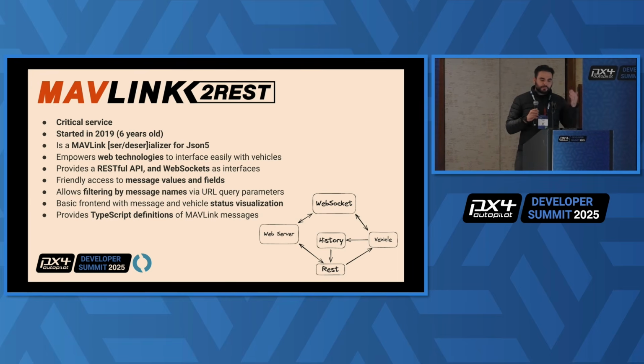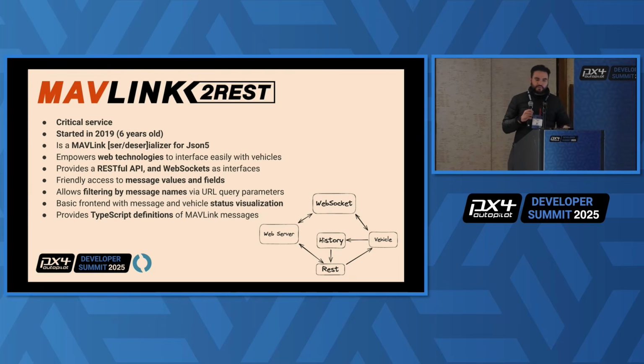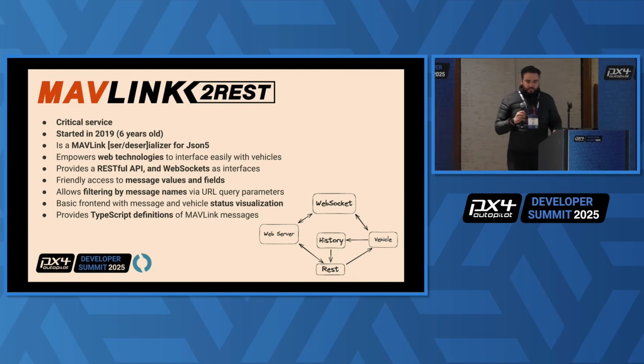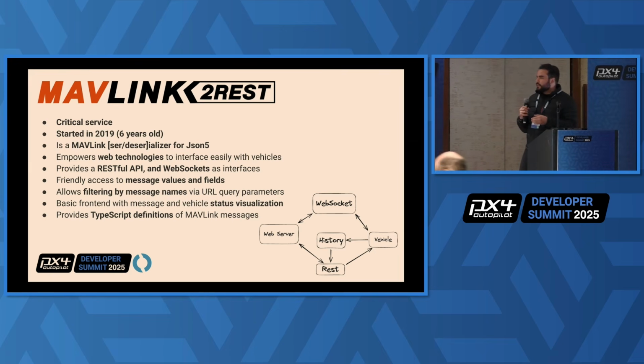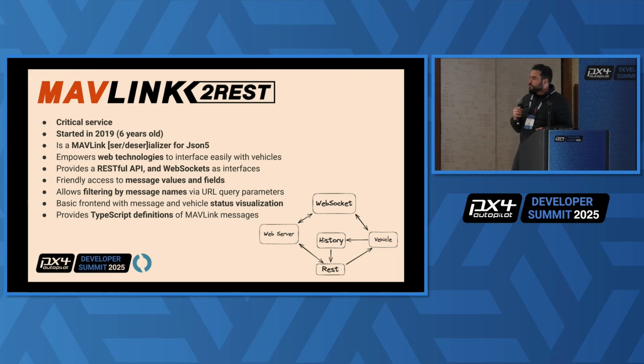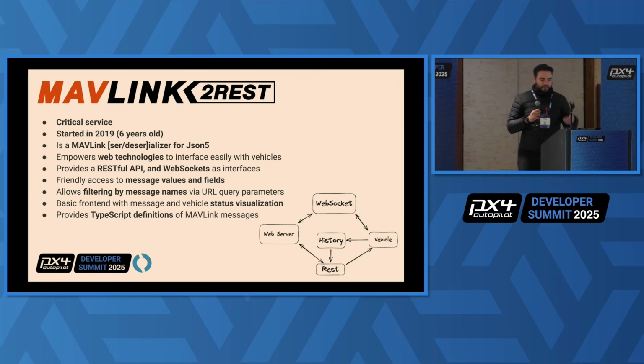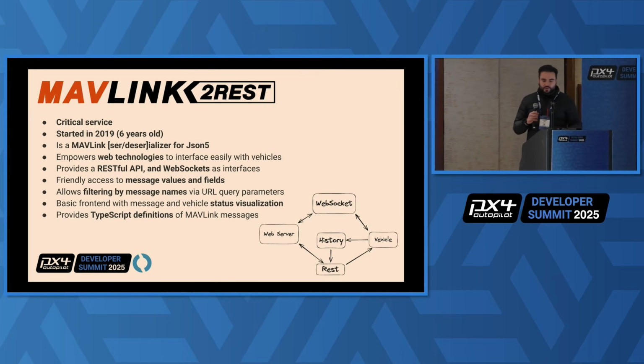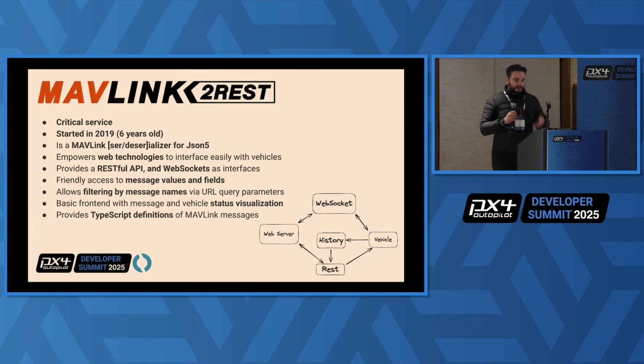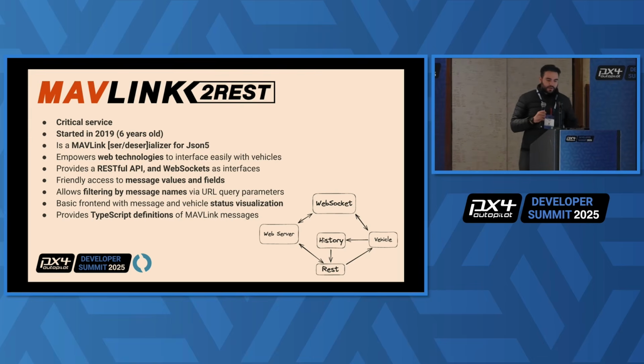It empowers web technologies to do their development over MAVLink, and provides REST API and WebSockets. It has TypeScript definitions as well. So if you want to go from MAVLink to TypeScript through MAVLink to REST, just accessing the MAVLink to REST APIs or messages directly, you can do it.